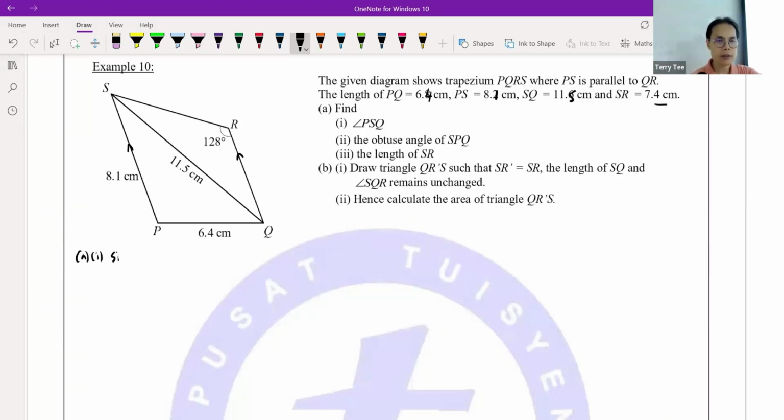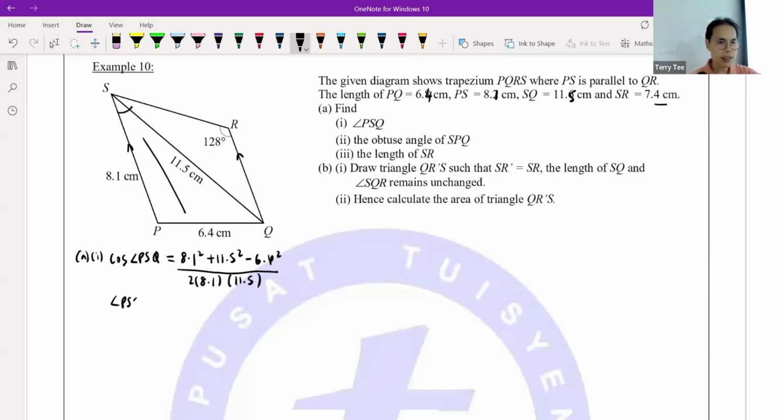We use sine. Angle PSQ divide by, okay, sorry, we don't use sine. You're given all three sides, we should use cosine, sorry. Use the second version for cosine rule. PSQ, your AB will be 8.1, 11.5 minus 6.4. You divide by 2 times 8.1, 11.5.